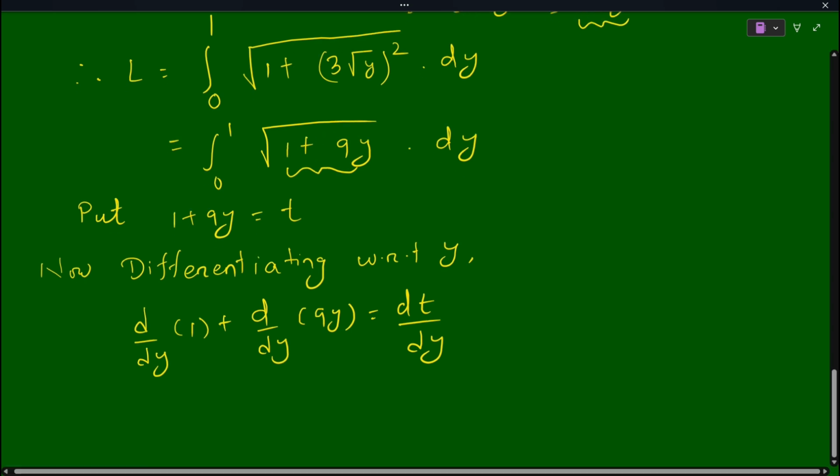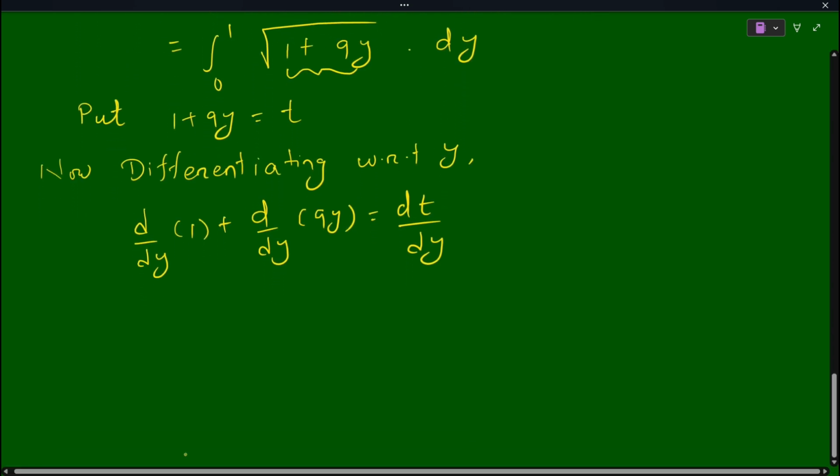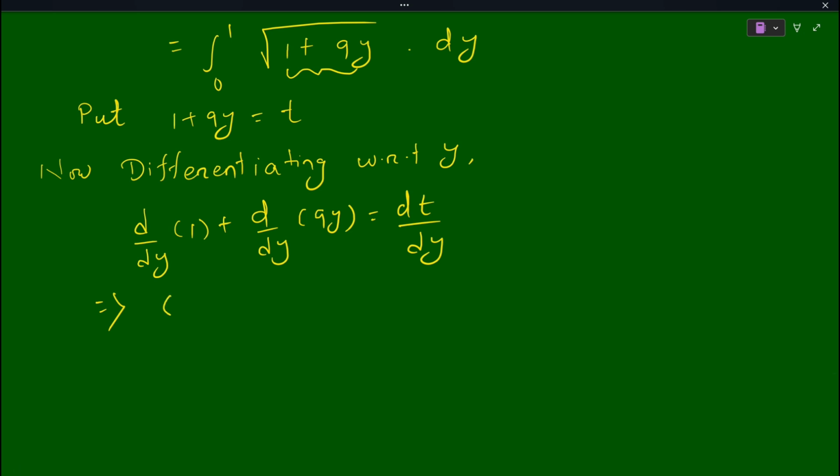Okay, so now see, the derivative of 1 with respect to y is 0, as it is a constant. Then the derivative of 9y with respect to y, here 9 is a constant, so it will go out of the derivative part.